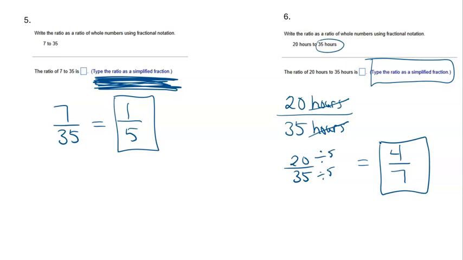It is a simplified fraction. Now, make sure you check your simplified fraction to make sure there's not a greatest common factor again. What if we picked 5 because they're both divisible by 5, yet there was a number larger than that they were both divisible by? Not in this case, but check it. And 4/7 does not have another greatest common factor, therefore we are finished with that one.